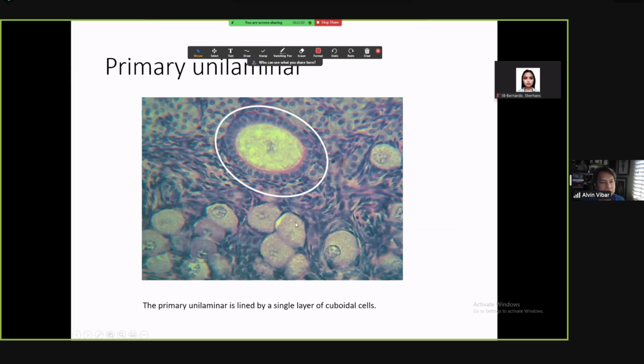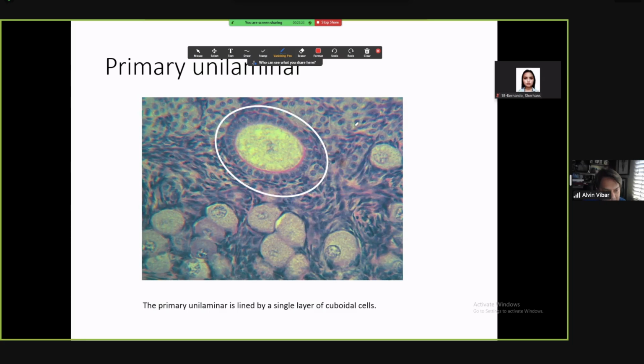And after that, from a single layer of flat follicular cells, this will become a single layer of cuboidal cells. The stage of development is a primary unilaminar follicle.